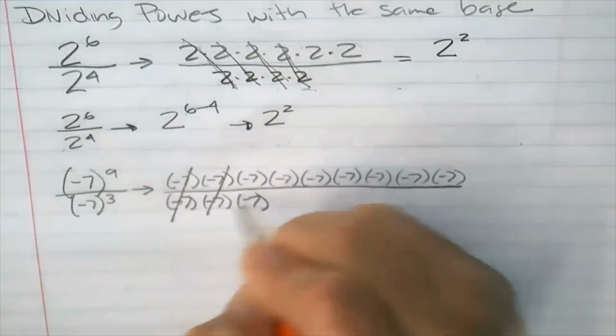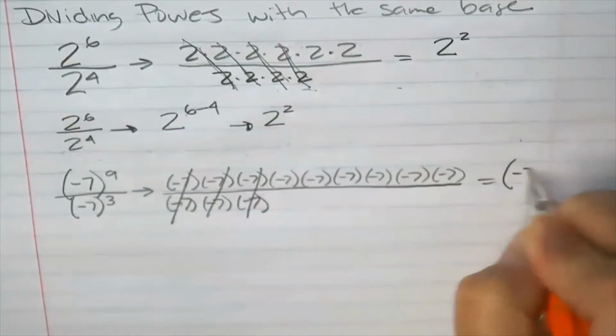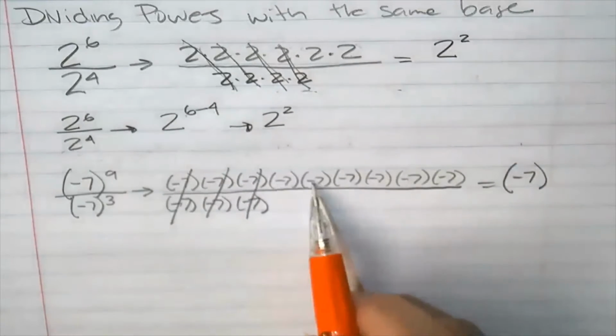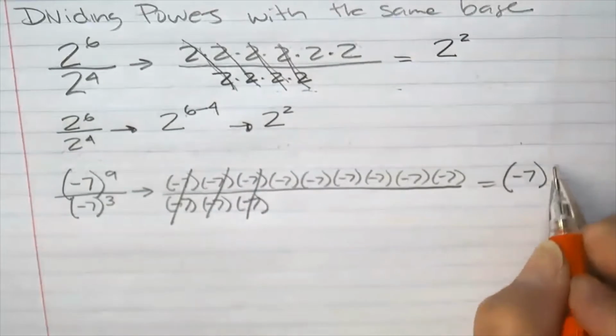So these will cancel, and I'm left with -7 to the 6th power.